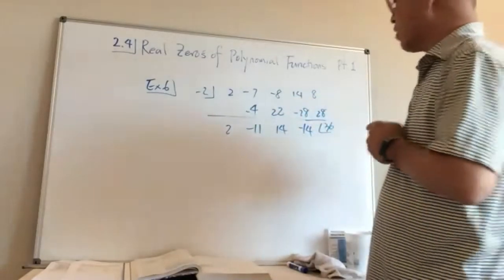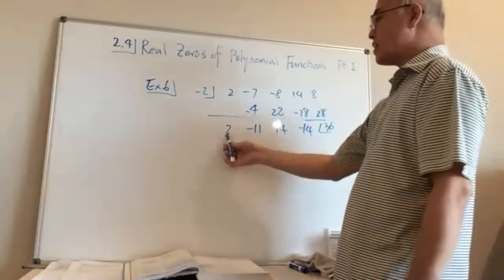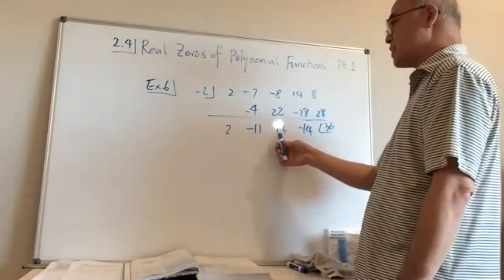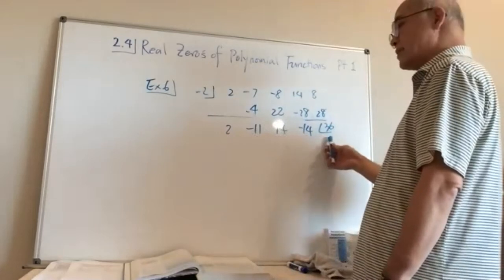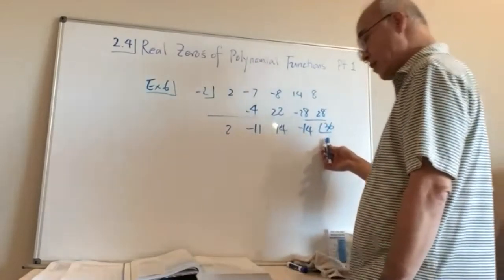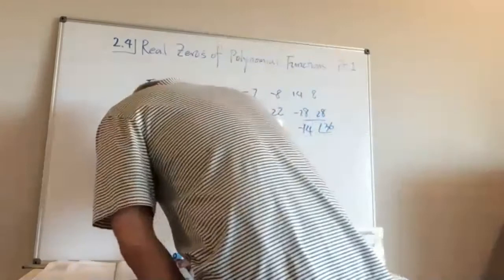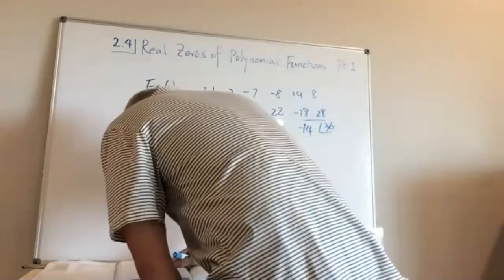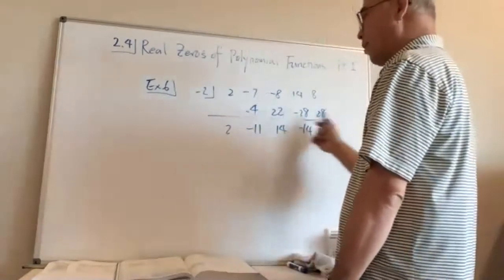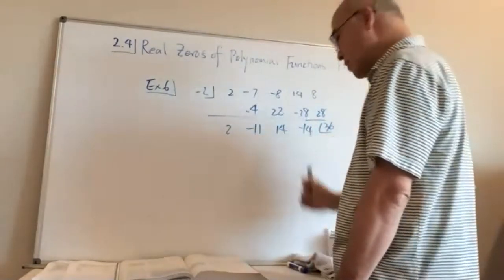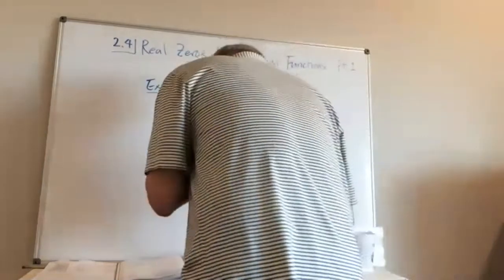Okay, can you see how they're alternating? Positive, negative, positive, negative, positive. Okay, what was the word that they used? They are alternately non-negative and non-positive. So this must be a lower bound. Okay, that's why this is a lower bound.